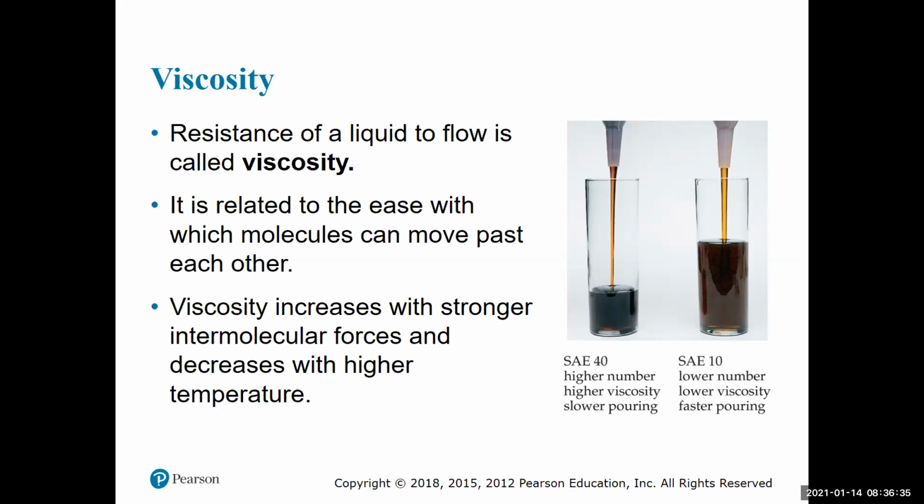If it has low viscosity, it's less thick, it pours more quickly, more easily. So next time you see the motor oil, if it's SAE 40 or 30 or 10, you know that lower number means the oil is a little less viscous, a little less thick. The example I gave the other day is syrup versus water.